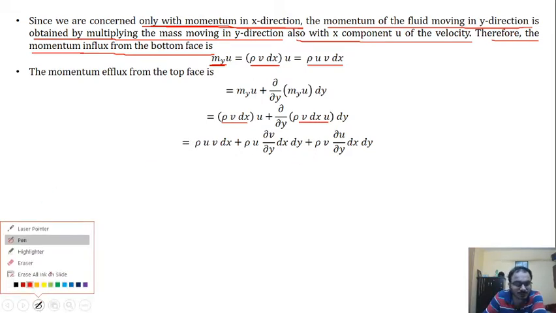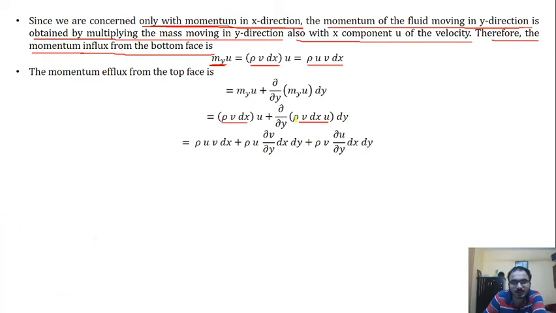The thing which you need to take care over here is, in this formula rho is already constant because of incompressible fluid, v is the velocity in y direction, dx is constant, that is a dimension, u is here velocity in x direction. So first we will focus on this portion.